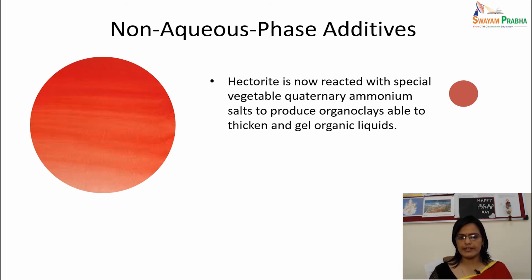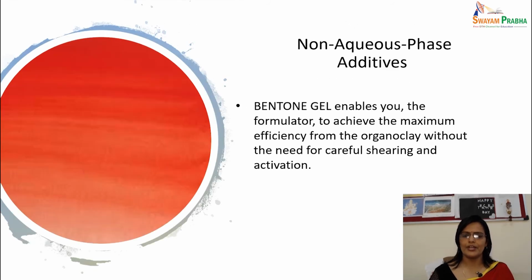Hectorite is reacted with a special vegetable quaternary ammonium salt to produce organoclays able to thicken and gel organic liquids. Non-aqueous phase additive bentonite gel enables the formulator to achieve the maximum efficiency from the organoclay without the need for careful shearing and activation.